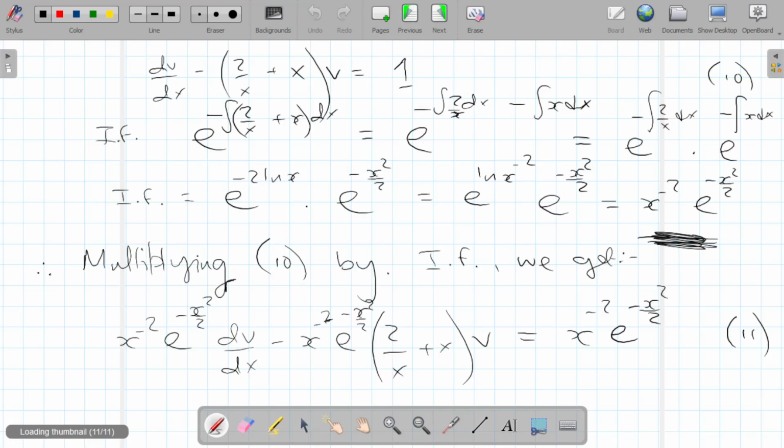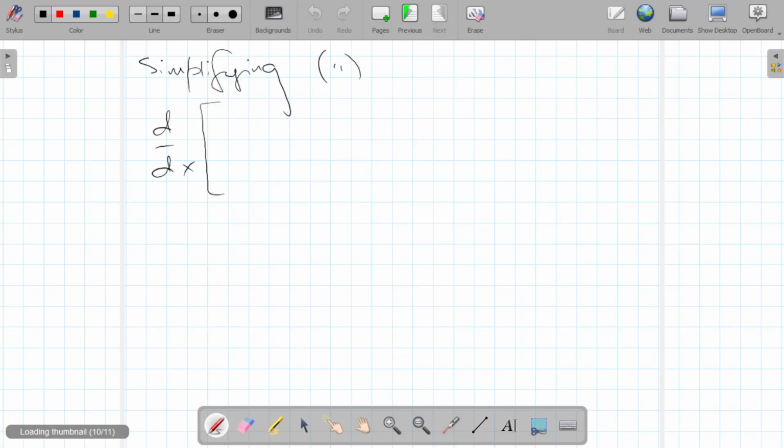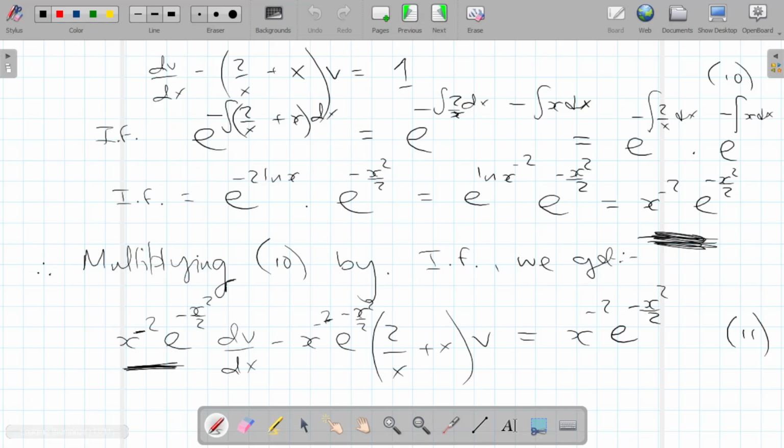so let's just go back to it. Well, we know we've got to write down this x to the minus 2 times e to the minus x squared over 2. So let's do that. x to the minus 2 e to the minus x squared over 2. And then we've got to write something else down from this second term in the ordinary differential equation.